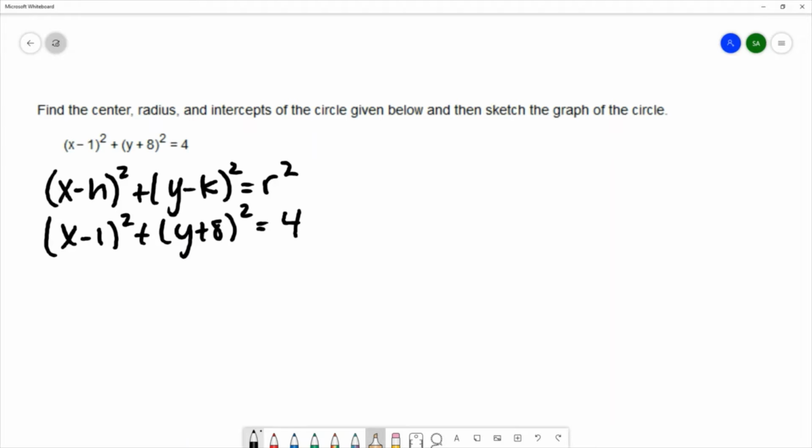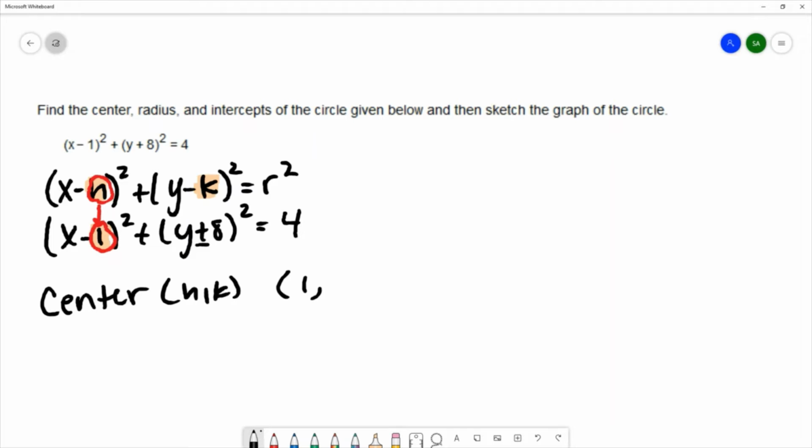Now the h and the k in the standard form stand for the center of the circle. The center is (h, k), and for our example, we'll use 1 for the h. You can see that the h is the value after the minus sign. So we have an x-coordinate of 1. However, on the y-coordinate, we don't have a minus, we have a plus.